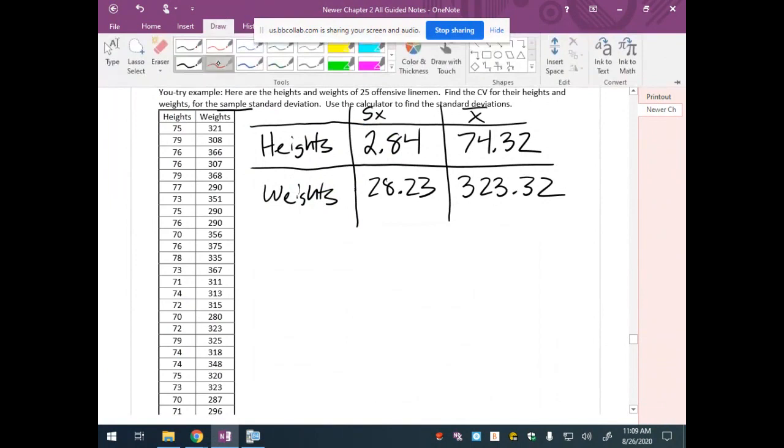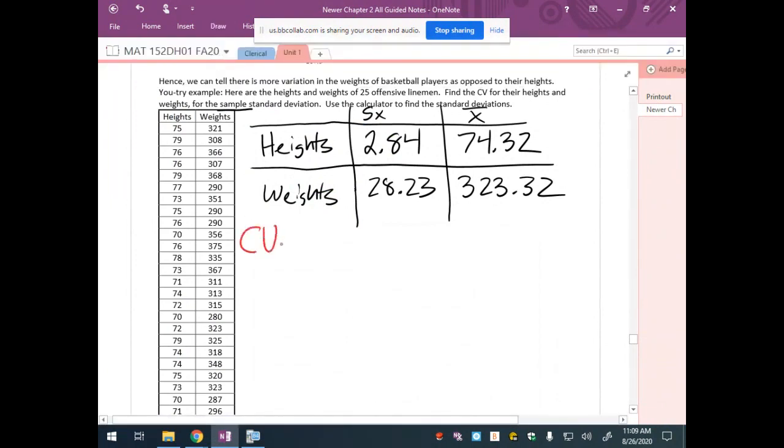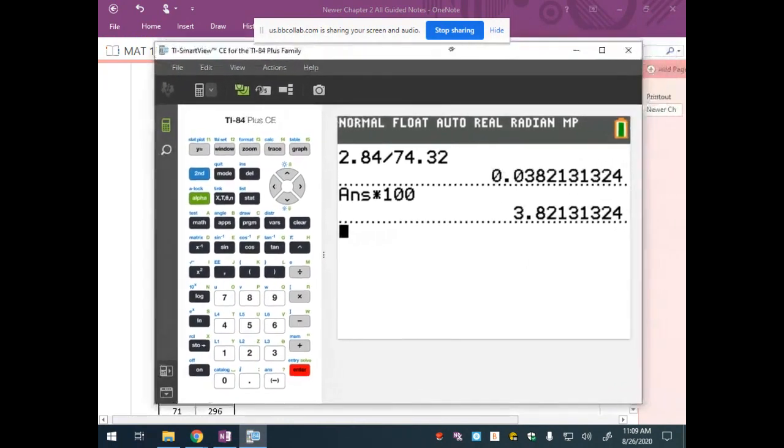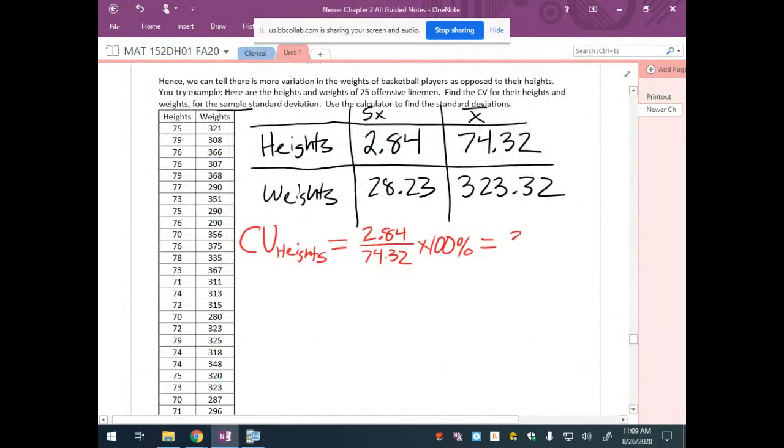Now, the great equalizer, the coefficient of variation for heights: 2.84 over 74.32 times 100%, you get 3.82%.